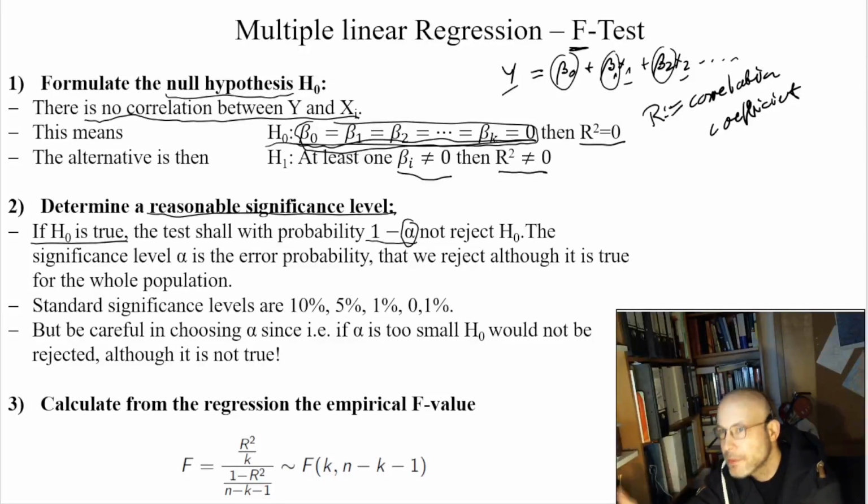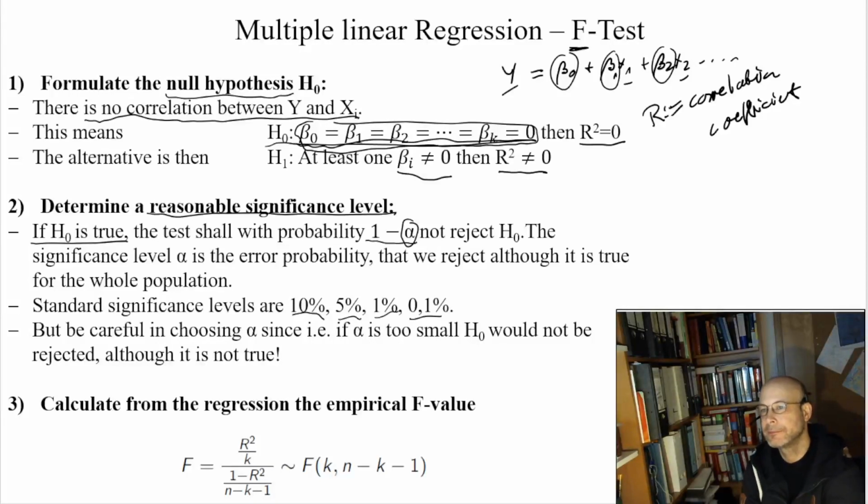And now, through the last 100 years, you will find that in general, doing statistics, we use significance levels of 10%, 5%, 1%, or 0.1%.